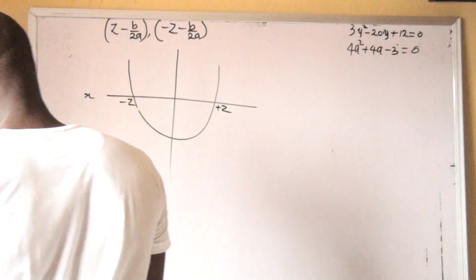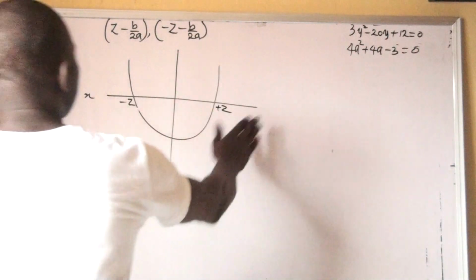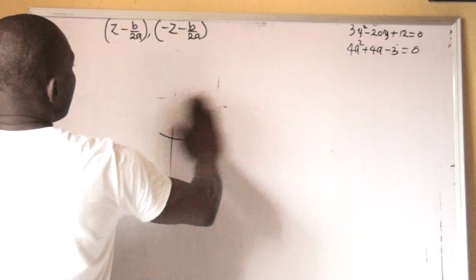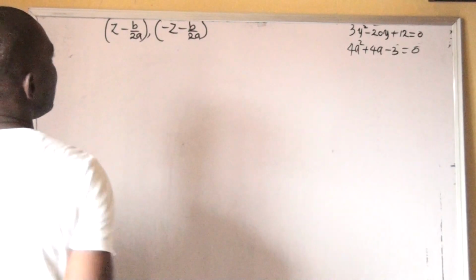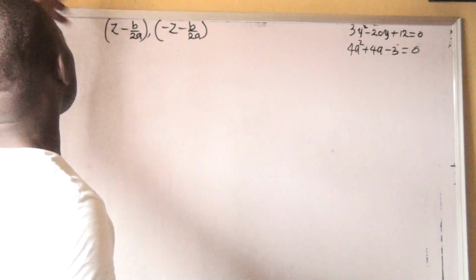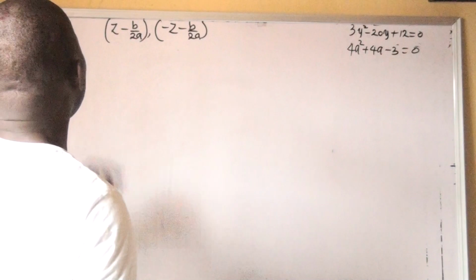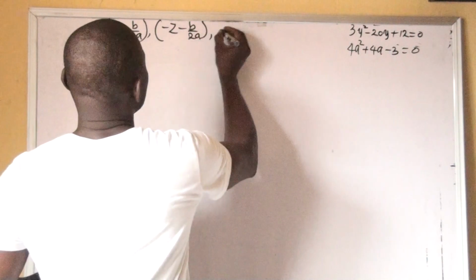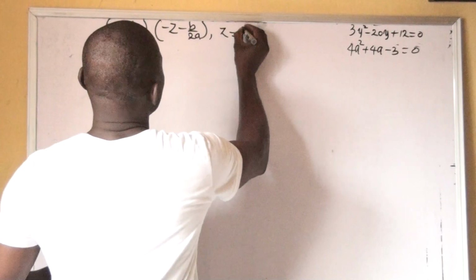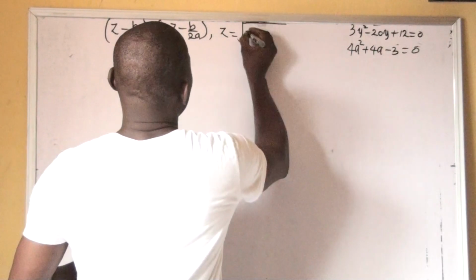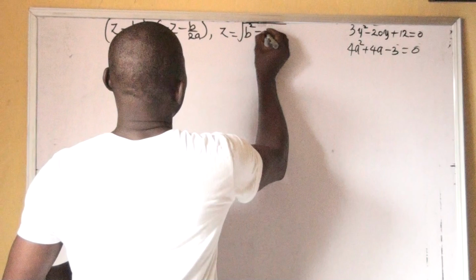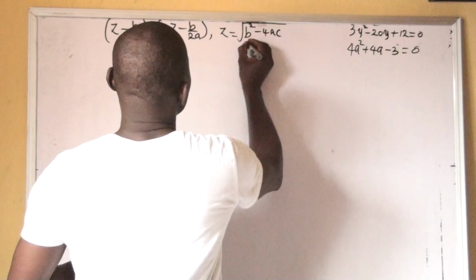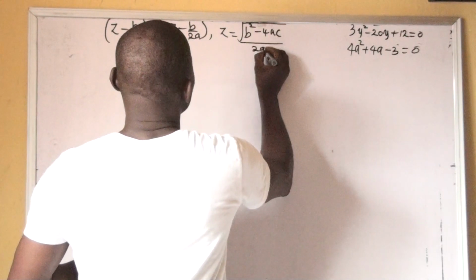Now let's look at the procedure. In our last class we looked at how to obtain the value of z, and we said that z is the square root of b squared minus 4ac, all over 2a.